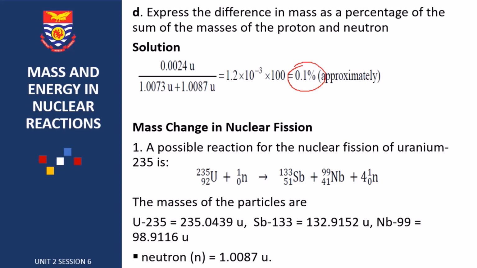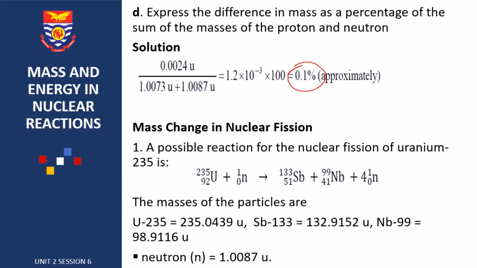Now let's look at questions under mass change in nuclear fission. The first question we'll look at says a possible reaction for the nuclear fission of uranium-235 is the reaction given here.